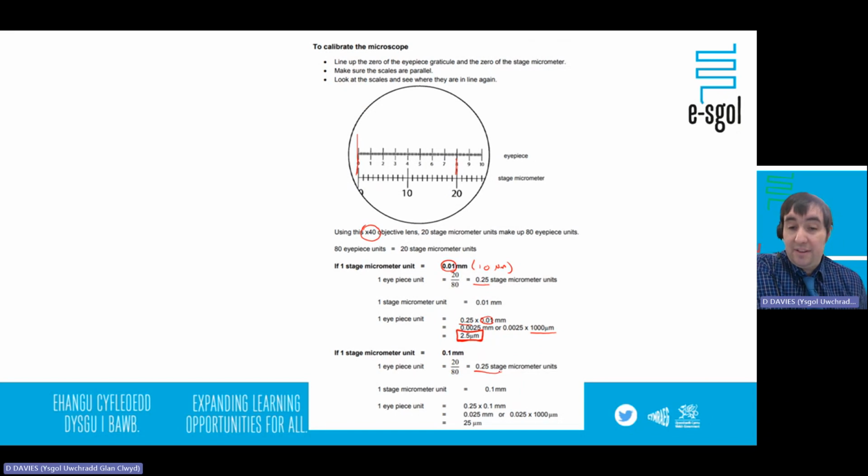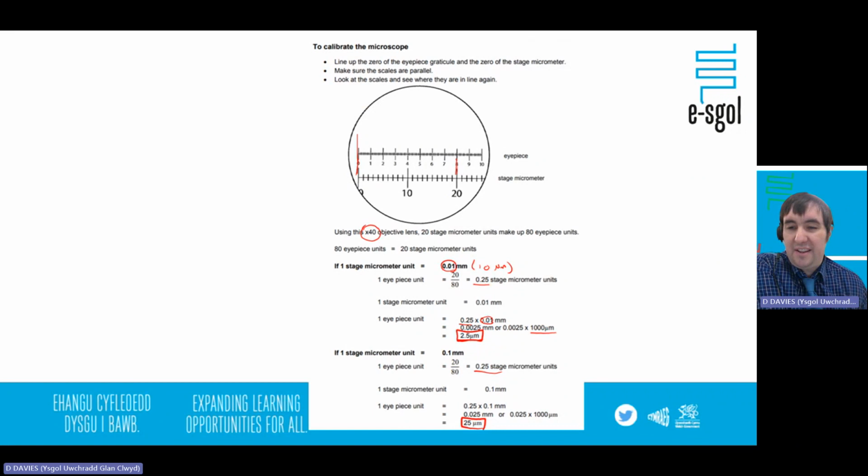But this time what I'm multiplying it with is different, isn't it? This time every stage micrometer unit is 0.1 millimeter, not 0.01 millimeter. So you multiply them together. This time I get 0.025, multiply by 1,000 to get it into microns, and this time I've worked out that one eyepiece unit is 25 microns.